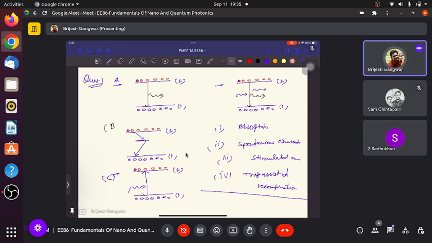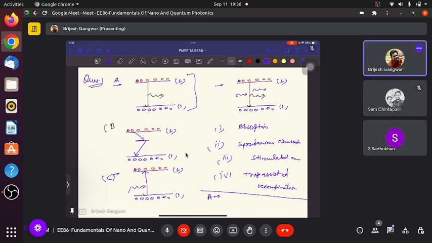So first one, what is the relation between A and what will be the mechanism in this figure? This one would be spontaneous emission.